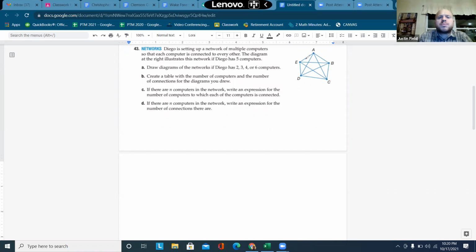Okay, so 5 computers, connections. Yeah, 5, and there are 1, 2, 3, 1, 2, 3, 4, 5.